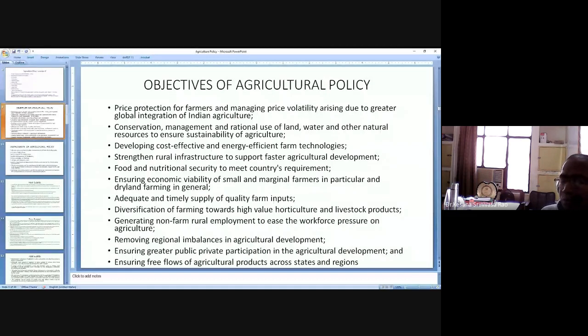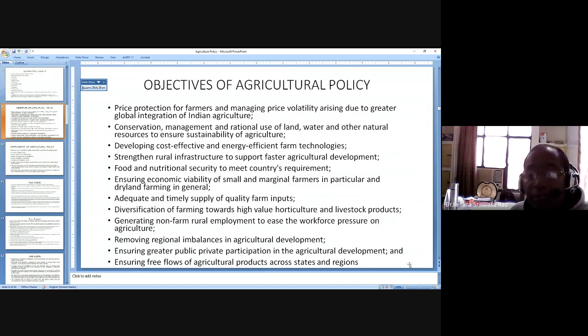Since they are declining, the farmer has to depend on technologies. So what types of agriculture technologies are available, and how these energy efficient farm technologies are going to be useful, are very important things.